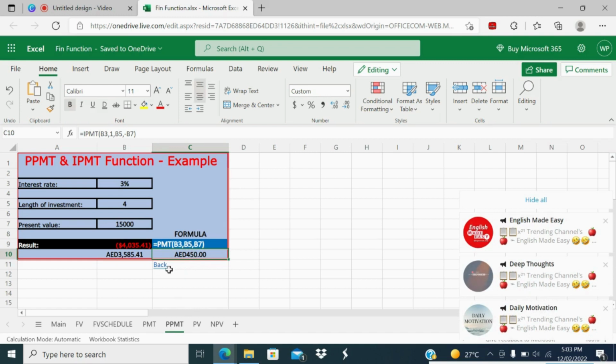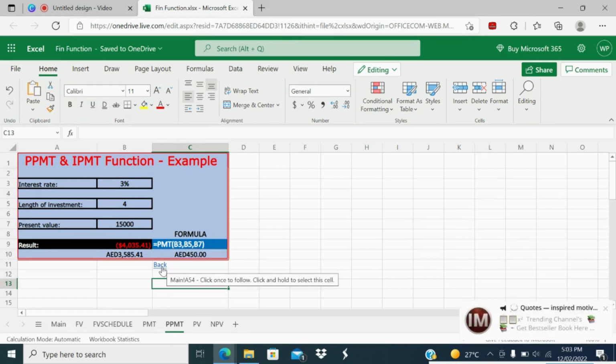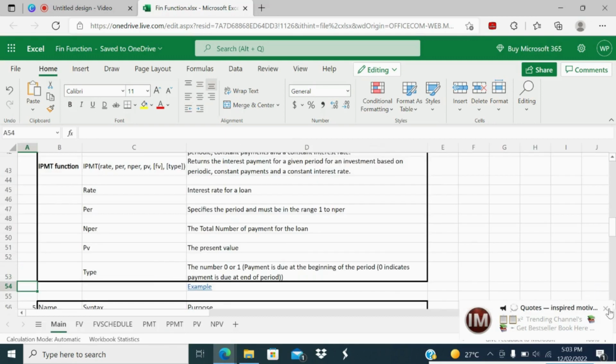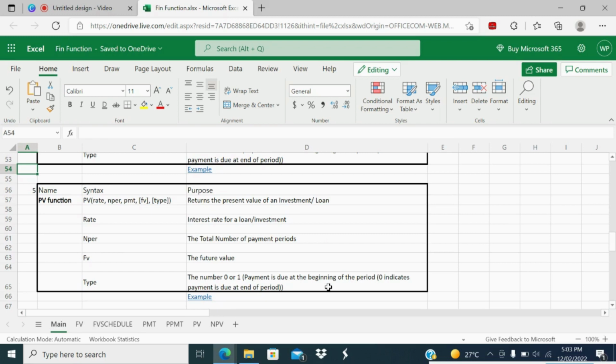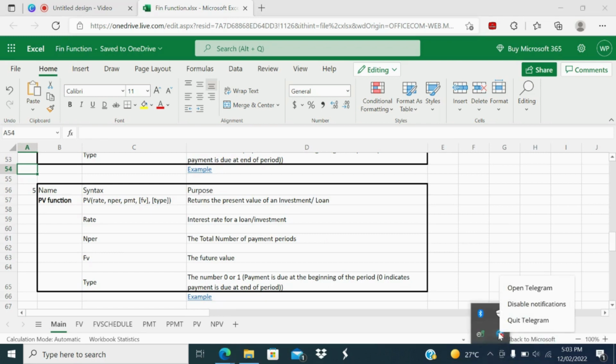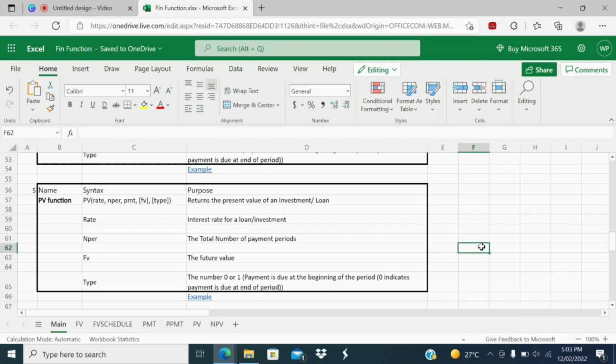Let me move on to another formula, that is the PV function. The PV function is the present value function. Now, just like the future value function, we have a present value function as well.